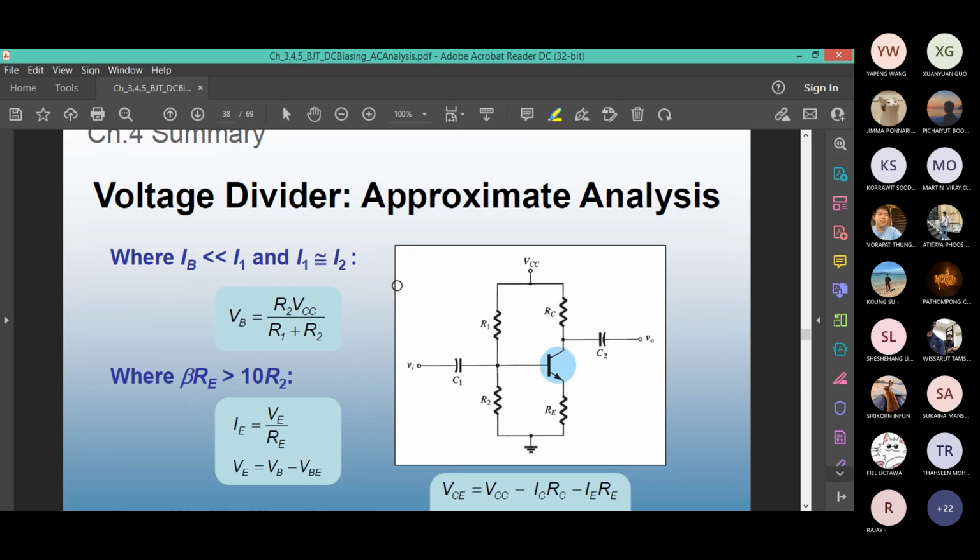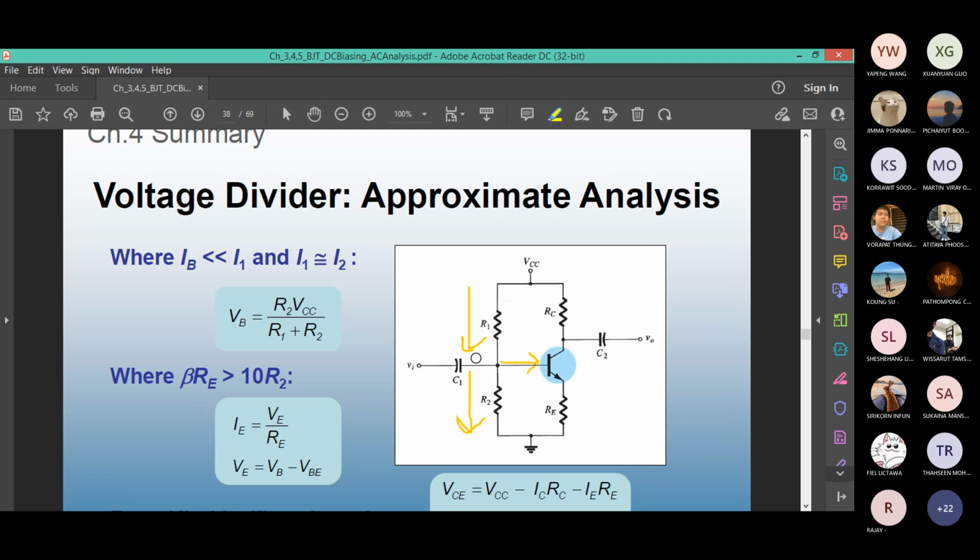Approximate analysis. Let's say the current flowing through R1, we call this I1, and the current flowing through resistor R2, we call this I2. And then you have a current also going to the base.